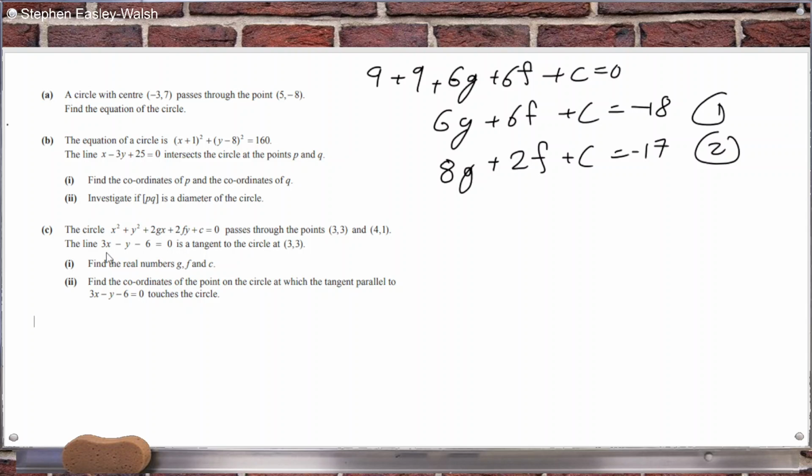So let's just have a quick sketch here. We have the circle, but basically we have no idea about the f, g, and c. We have 2 points on it, and actually we know that one of them's a tangent there.